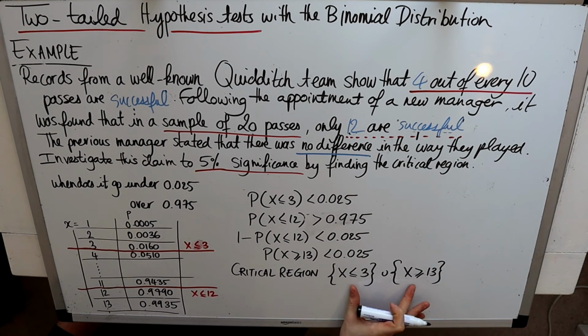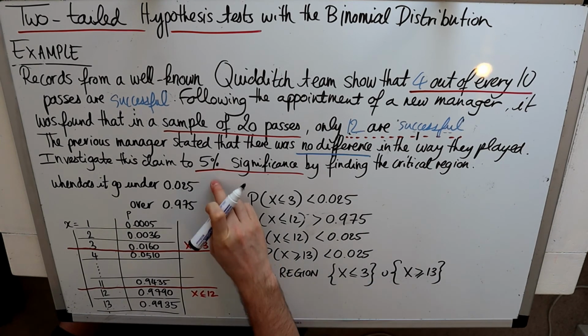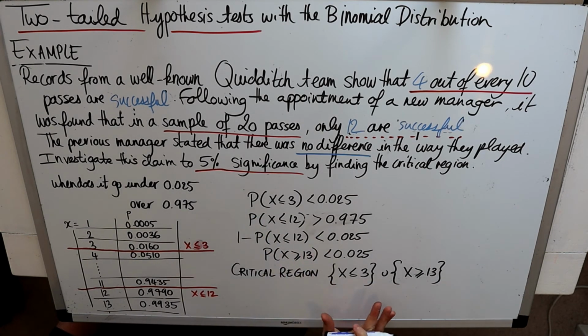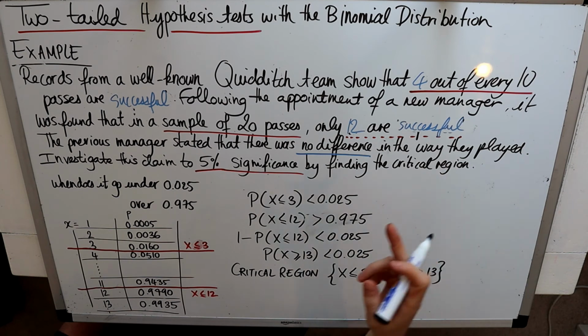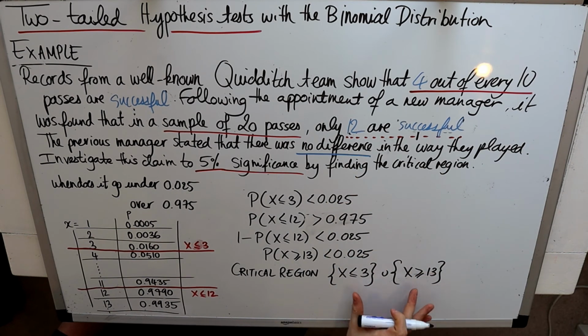If anything is inside of these, that means there is enough evidence at 5% significance, or 2.5% each side, that there might be something going on. And so once I have done this, I can use my transformed data: whereas before I had 8 unsuccessful, I now have 12 successful, and I plant it into here.